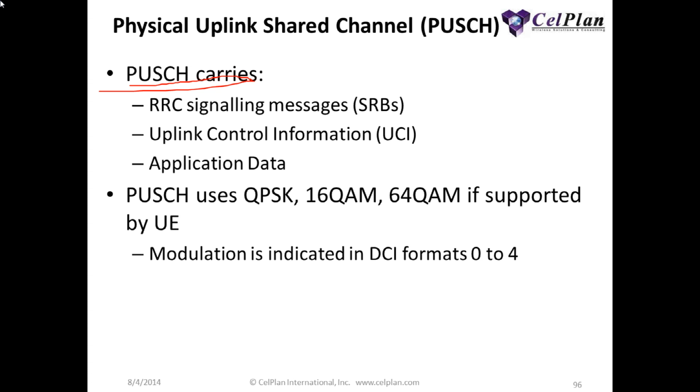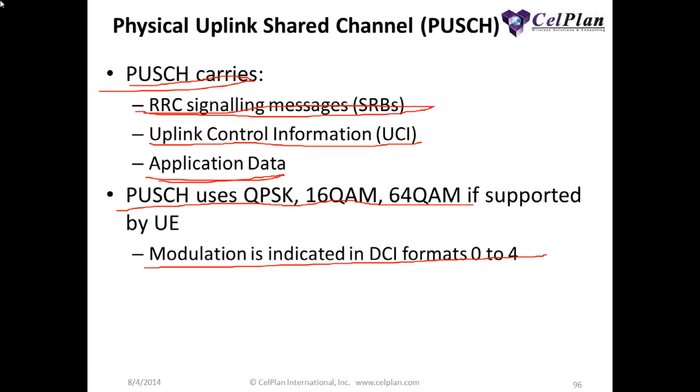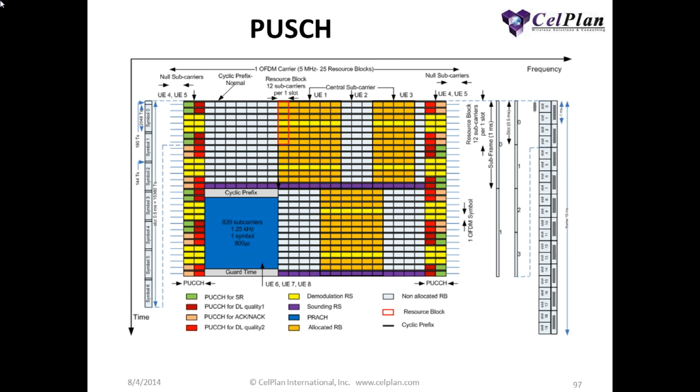Although it still uses SC-FDMA, it is not really giving us much benefit. PUSCH uses QPSK, 16 QAM and 64 QAM, and the modulation is indicated in the uplink DCI formats. So that is where the PUSCH is sent here.